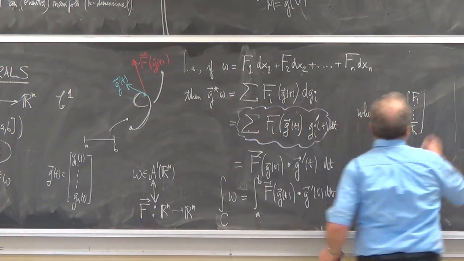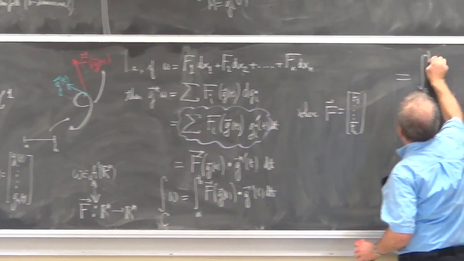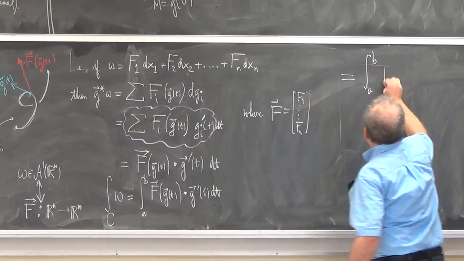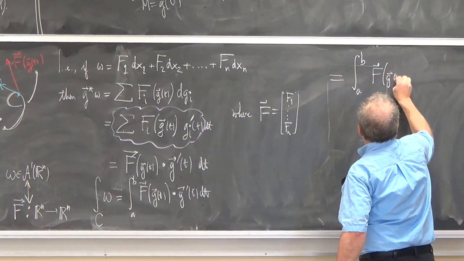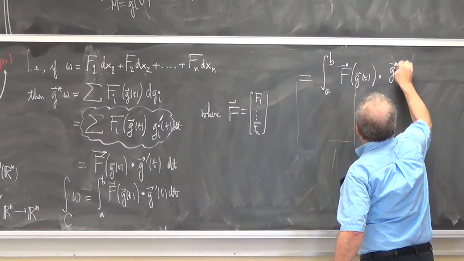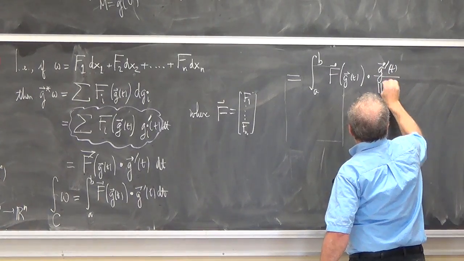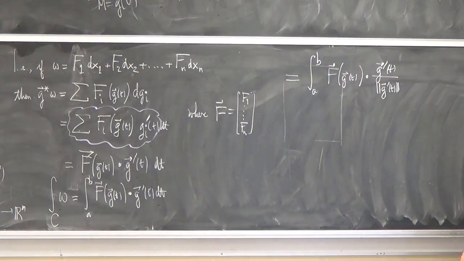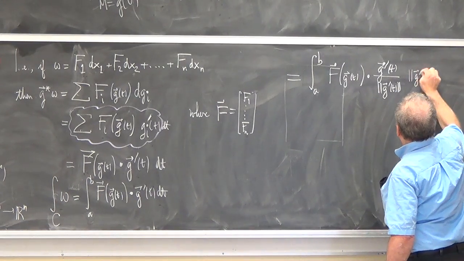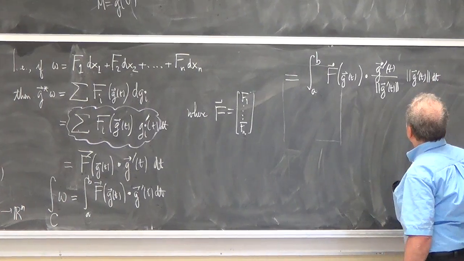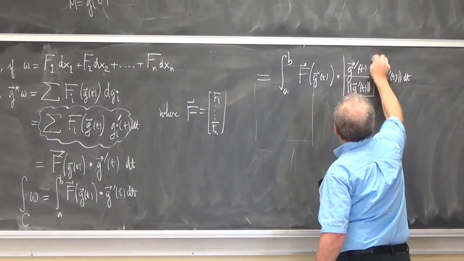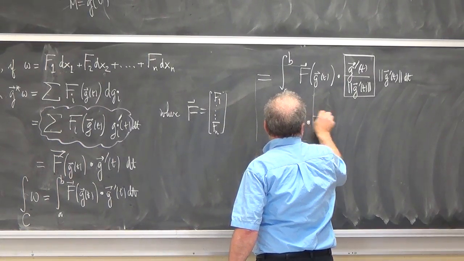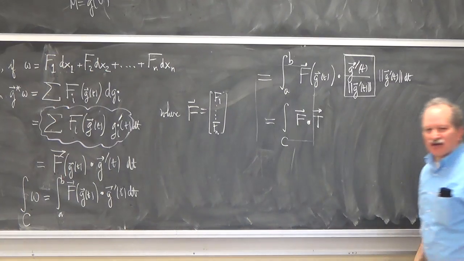So I want to rewrite this as f at g of t dot the unit vector in the direction of the velocity. Well, I can't just do that. You have to multiply by the magnitude. I have to multiply back by what I just divided through by. So this now becomes the dot product of f with the unit tangent vector to the curve.